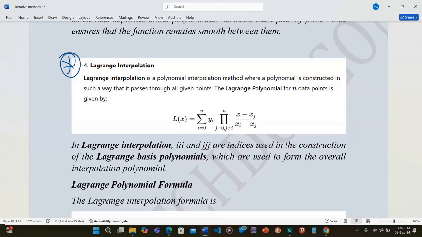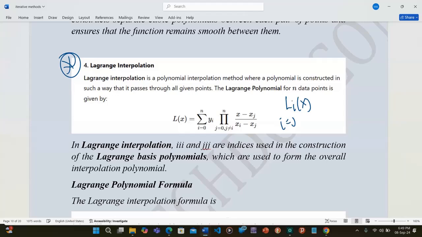In other words, if we are looking at the basis of the Lagrange, Li of x, i and j are just indices.